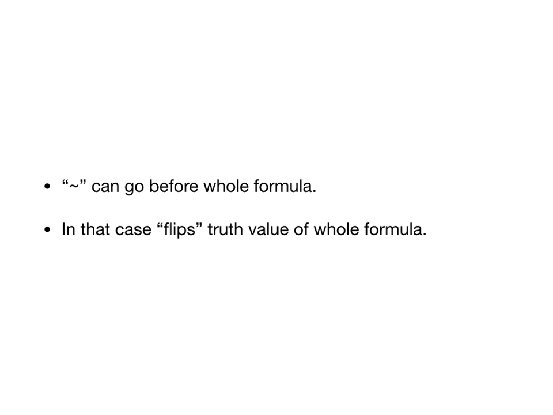Now, one thing to note, and we'll see this a lot, and you can combine these and we'll see this more in the next lecture, is that our little tilde symbol can go in front of a whole formula. It can go in front of a letter, it can also go in front of a whole formula. When it does that, it flips the truth value of the whole formula.